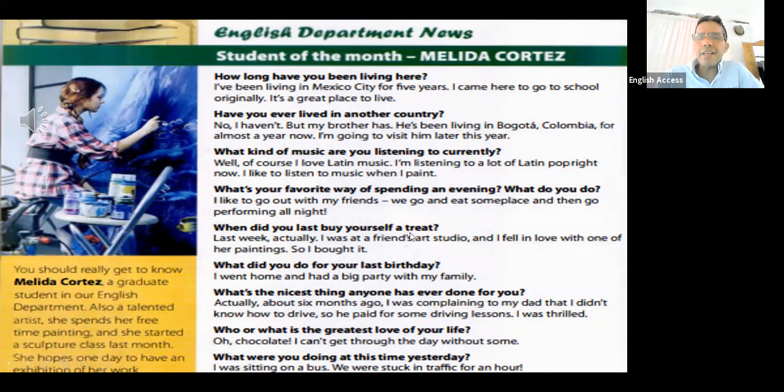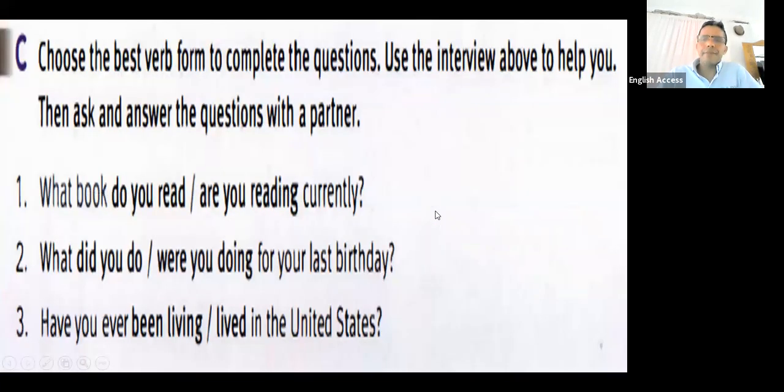A treat in general, for example, to explain the word treat, is when you have a dog, right? And the dog behaves well, he does some tricks, you give him a treat.